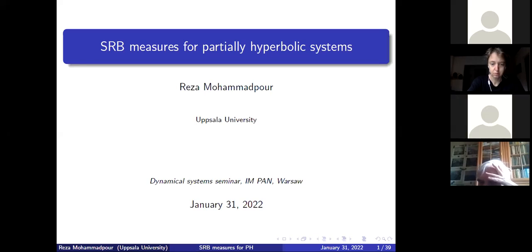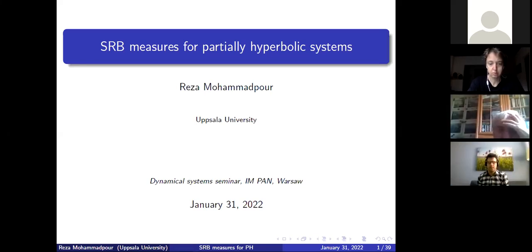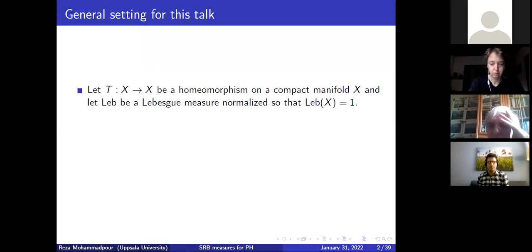Today I'm going to talk about the SRB measure for partially hyperbolic systems. Let me mention the general setting for this talk. Let T be a homeomorphism on a compact manifold X, and I usually use m for the normalized Lebesgue measure, meaning that m(X) = 1.